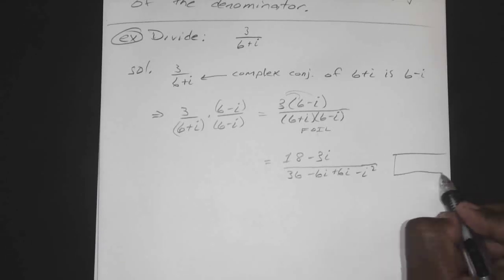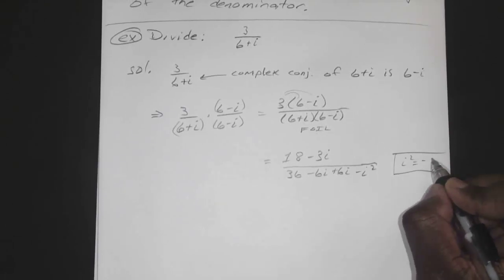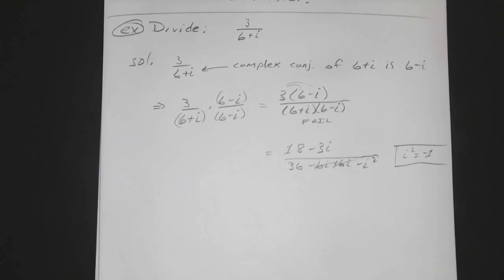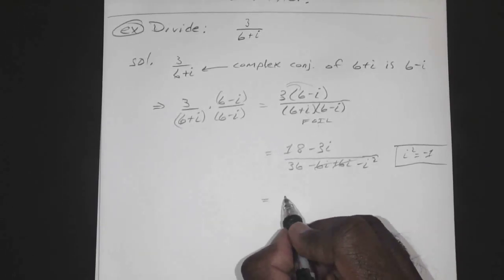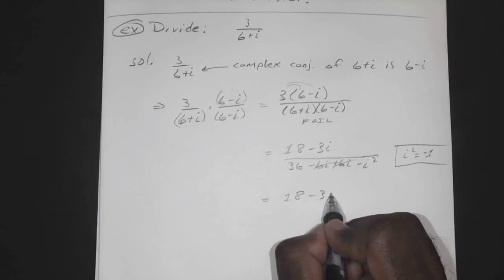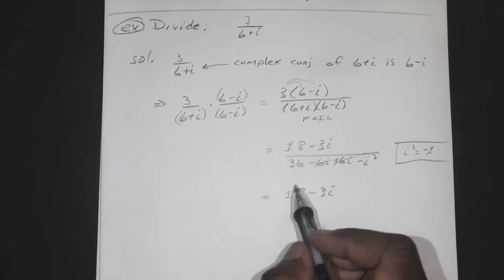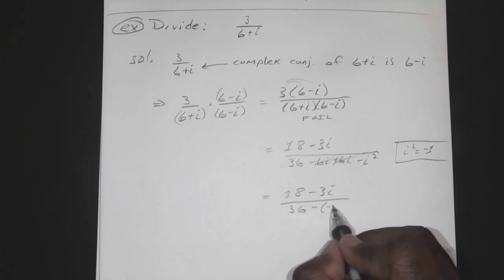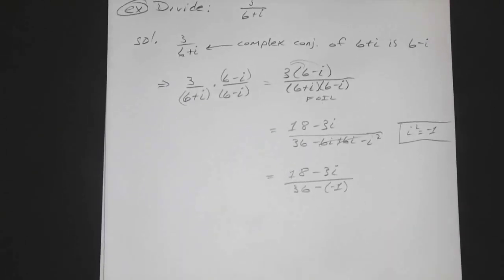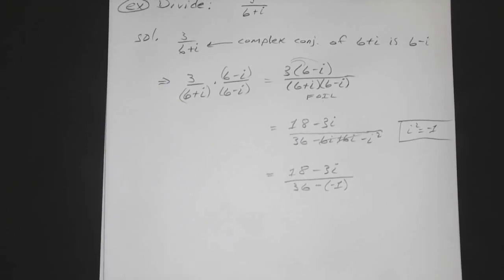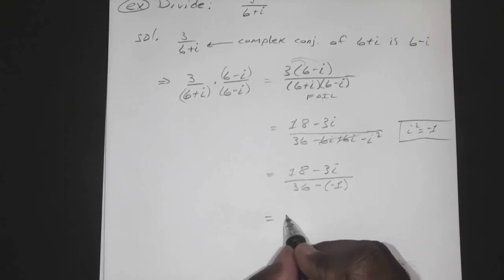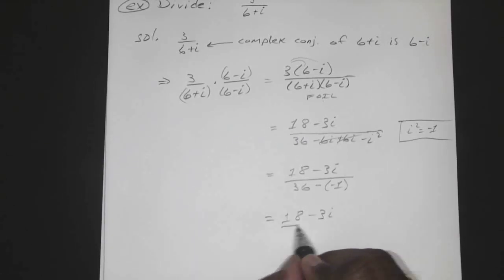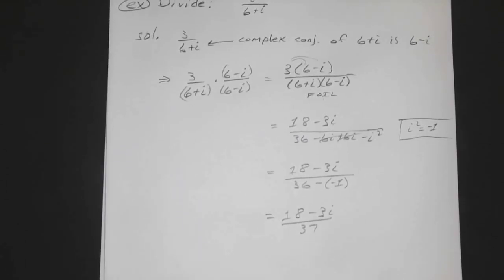And we remember that i squared equals negative 1. So these two will always cancel out. So you have 18 minus 3i over 36 minus negative 1. Okay, which will give us 18 minus 3i over 37.